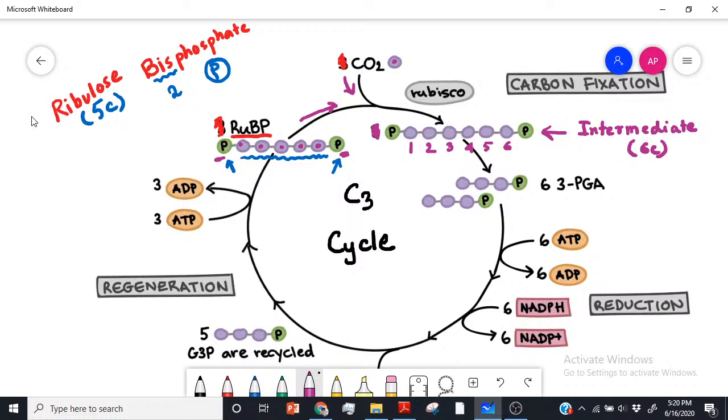And this reaction is catalyzed by one enzyme known as Rubisco. This is the important enzyme that catalyzes the reaction.